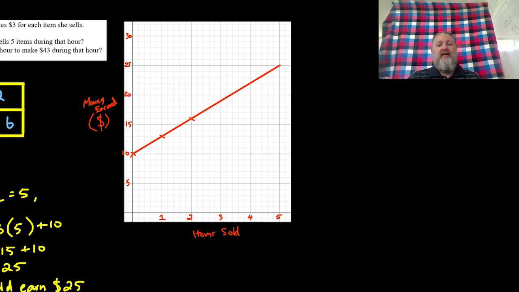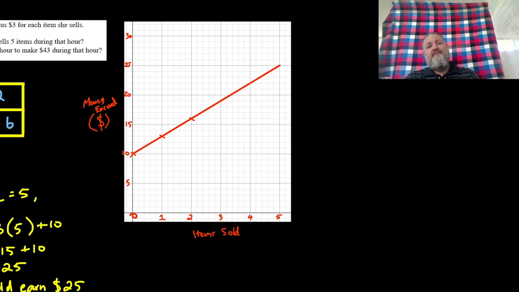At 0 items sold, she makes $10, and then it just goes up in a linear fashion from there. 1 item was 13, 2 items was 16, and so on.